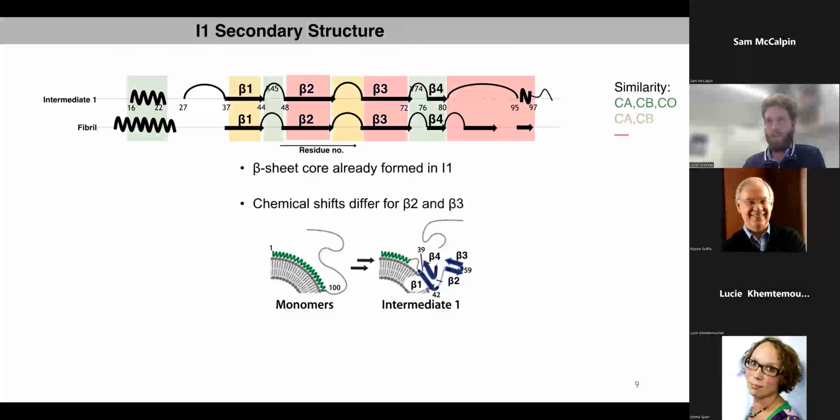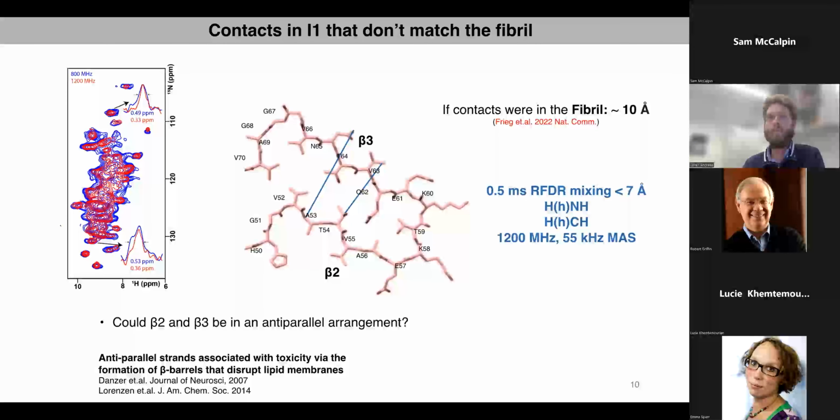So how could this be? Well, one of the things that came to mind fairly early was whether beta sheet 2 and beta sheet 3 could be in an anti-parallel alignment arrangement. We initially recorded proton-detected spectra, HNH and HCH in 3 dimensions, to try to address this question.